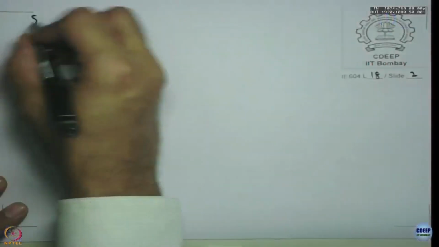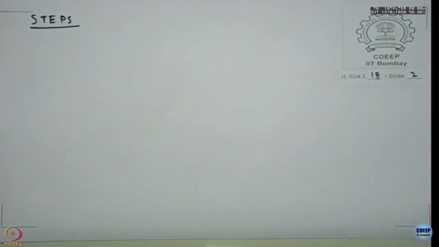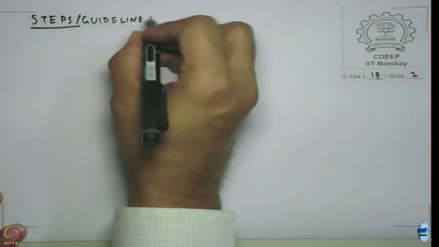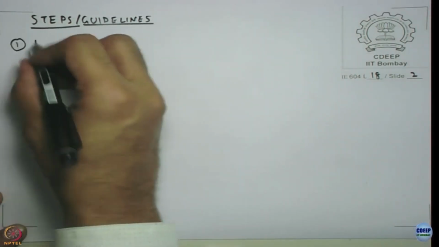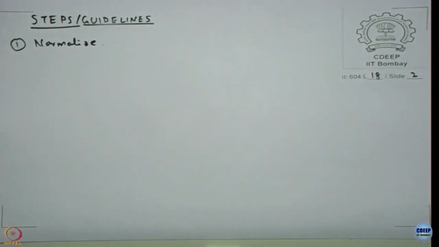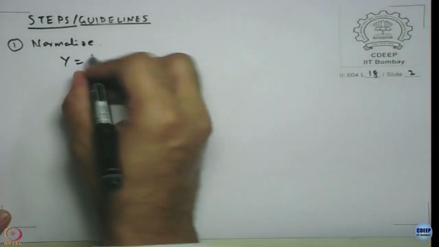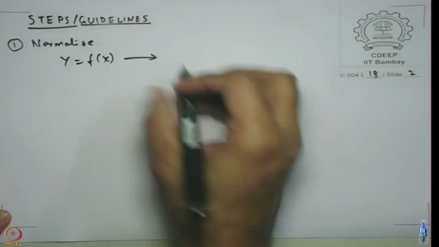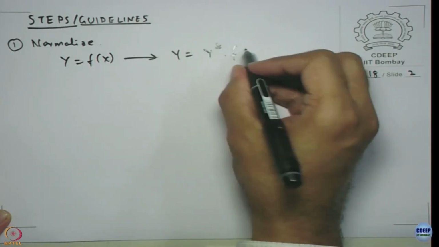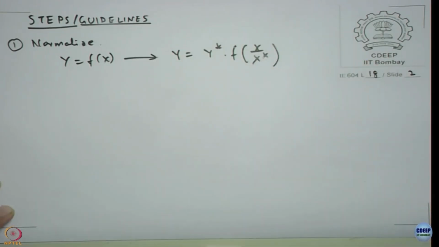Steps to build a table function, or rather guidelines. First one is to normalize. So, instead of y equal to f of x, let us use y equal to y star times function of x divided by x star.